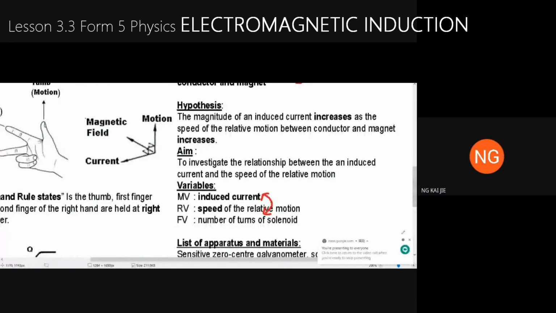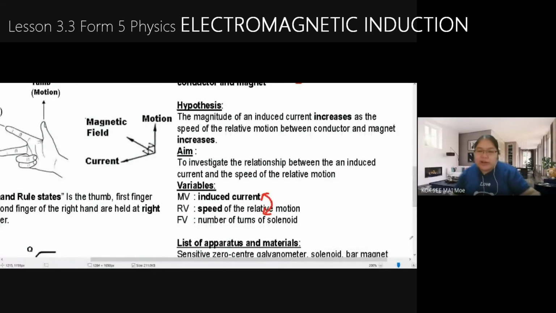Control fast and slow only. How to fast and slow? You tell me how to count the fast. What does fast mean? The physical quantity we need to measure. Don't know. We learn here or not? We did not learn here.